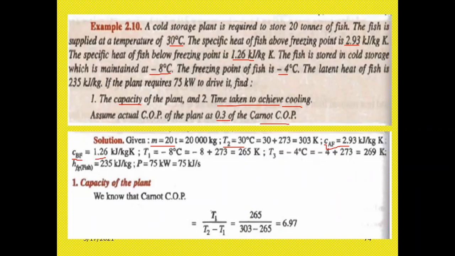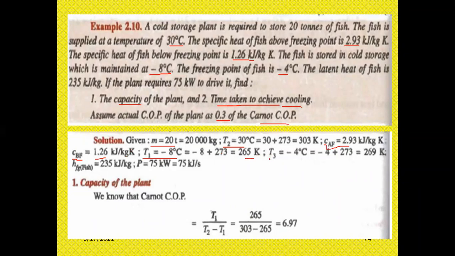Now, the fish is stored in cold storage, so the cold storage temperature T1 is equal to minus 8 degrees centigrade, plus 273, that is 265 Kelvin.